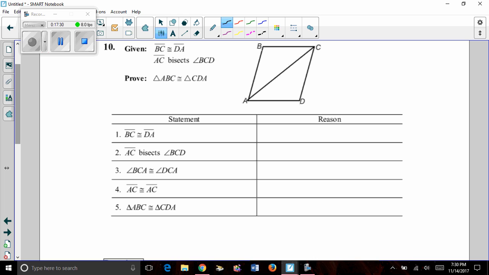Another classic example. We have a parallelogram that's got a diagonal cutting it into two triangles. We are trying to prove that ABC is congruent to CDA.